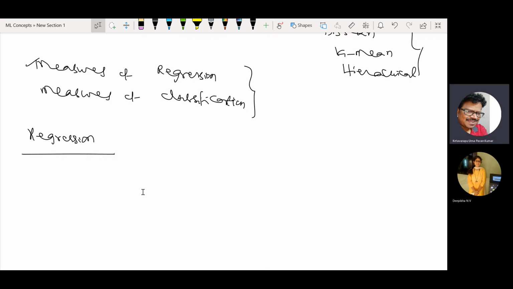So, regression, friends: in classification we know it is a yes or no kind of thing, but in regression it is not like that. It gives a continuous value.